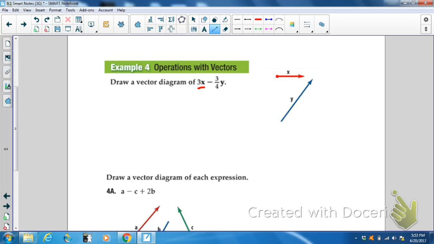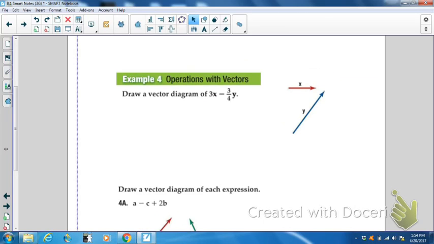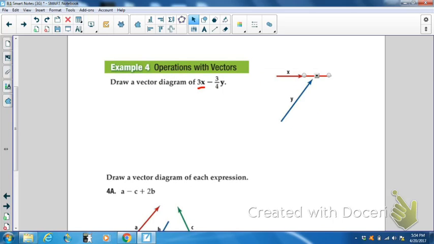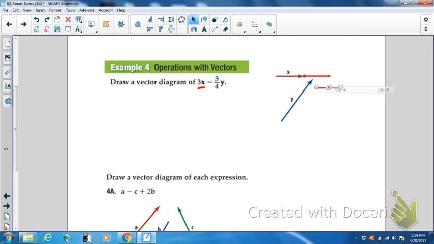So think about that as being 1, 2, and then I'm going to add another one to it here. So that length is 3x. So I'll make a big one to kind of go with it.